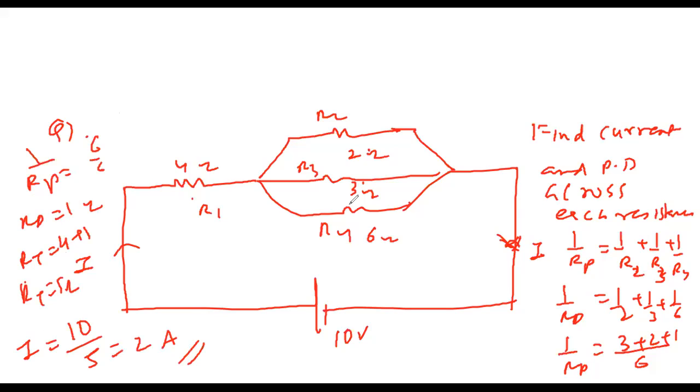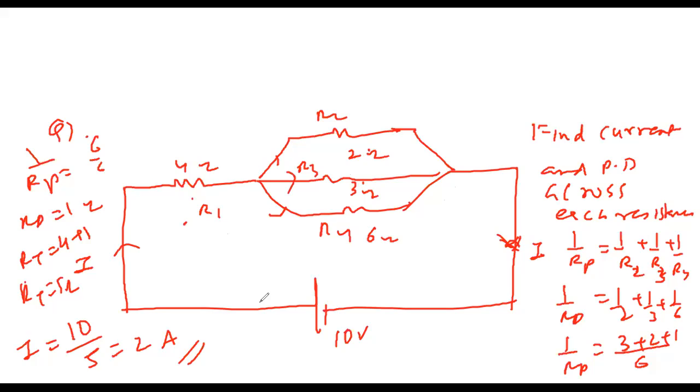Now there are two ways to solve for I2, I3, I4. Find the voltage across the parallel part, and 10 minus that voltage is across the rest. Then V is I2 R2, V is I3 R3, V is I4 R4. I said I can find the voltage across these three by subtracting.